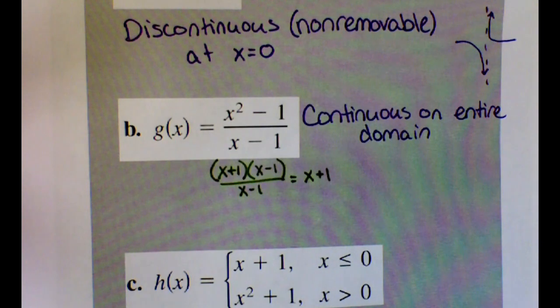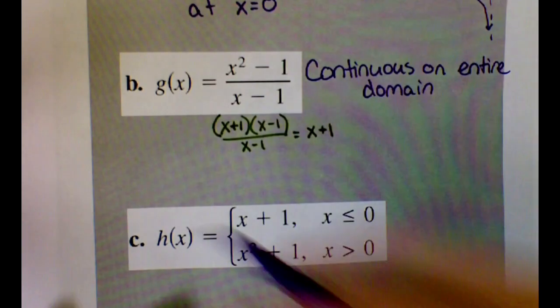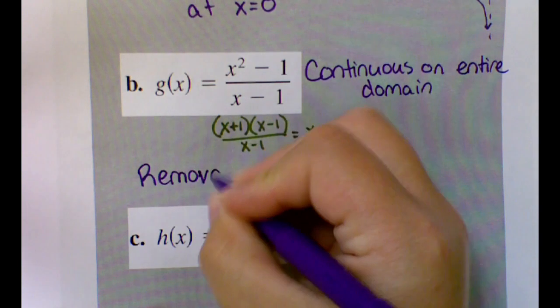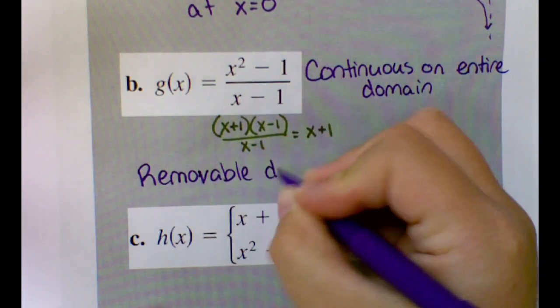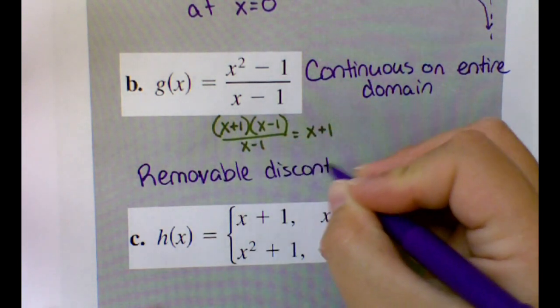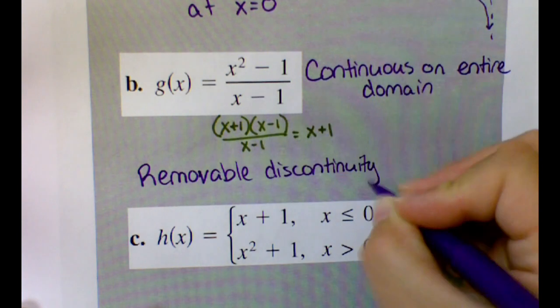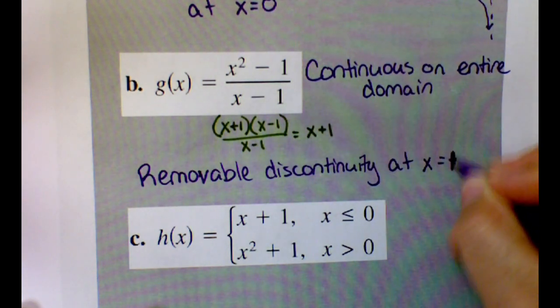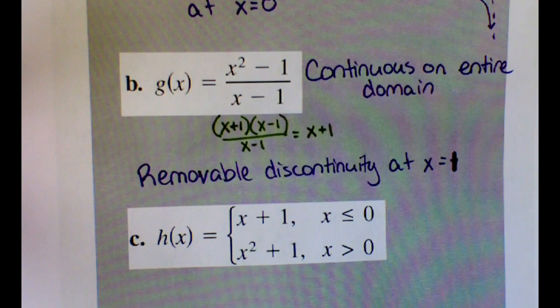So if I can rewrite it so that there's no gap, hole, no issue in the domain, that's a removable discontinuity. So we'd say a removable discontinuity at x equals positive 1, because that's what made the denominator 0.